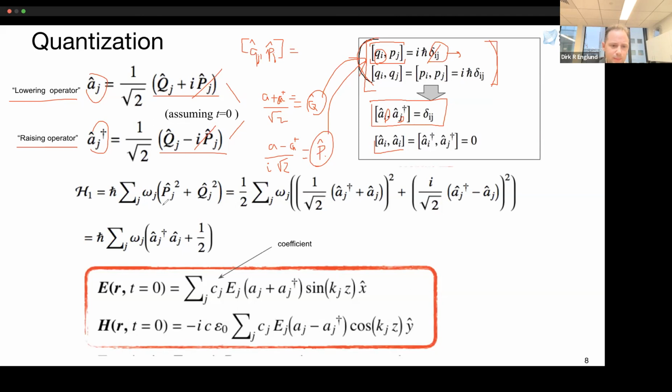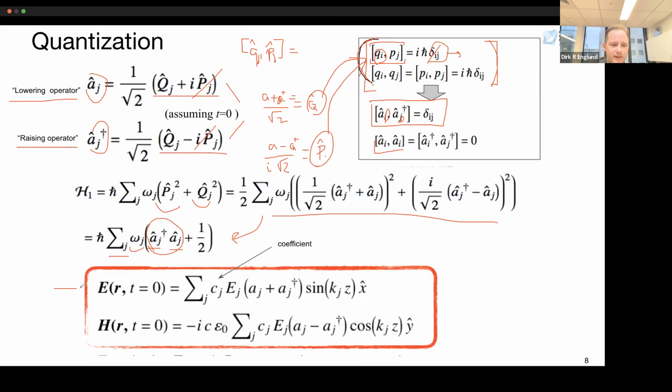we can plug in our expressions for P and Q, now in terms of A and A dagger, into this equation here. And now there's a little bit of algebra that we can do together in a moment to derive this expression, which expresses the Hamiltonian, the energy of the electromagnetic system, in terms of these raising and lowering operators summed over the energy of every mode J over all modes J that comprise the electromagnetic field.